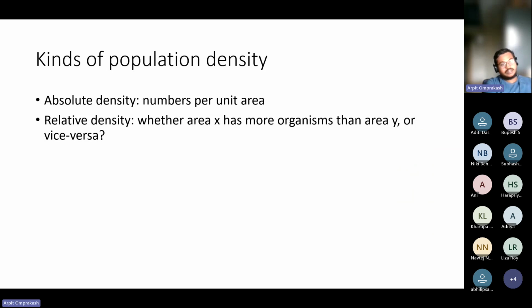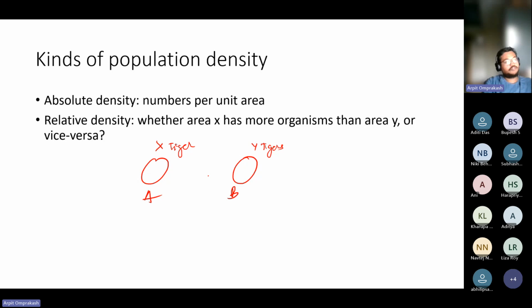So population density again can be of two types. Absolute density is the exact number of individuals per unit area, whereas relative density is like the trends we were talking about. So let's say we are comparing two areas, area A and area B. Area A has X tigers, and area B has Y tigers.